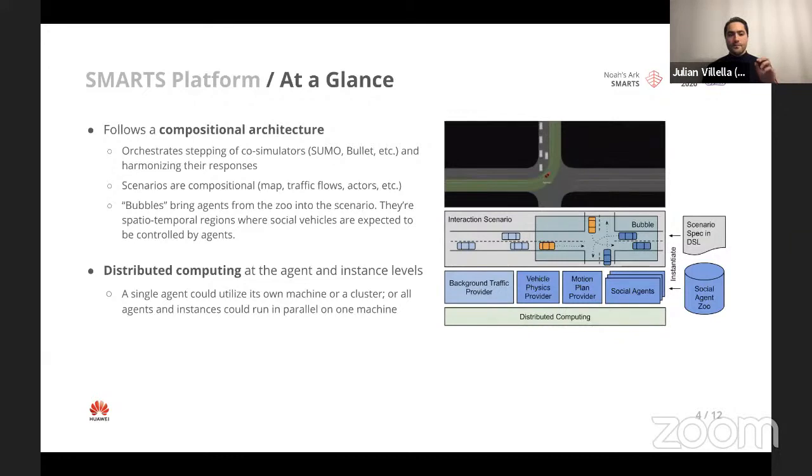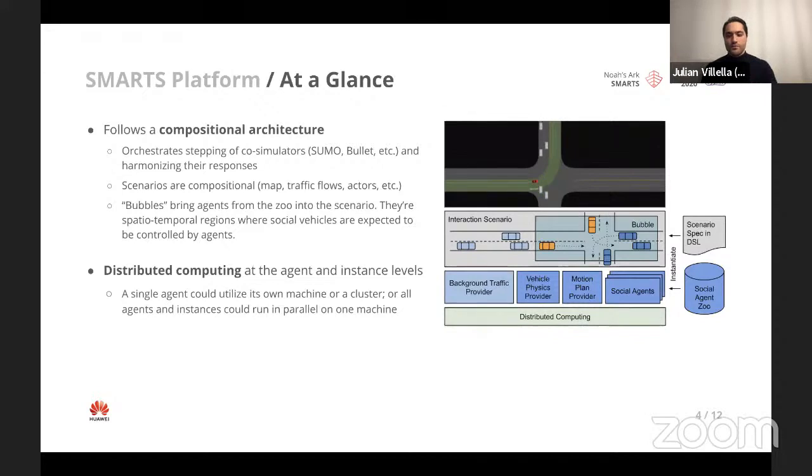And finally, bubbles is a concept we're putting forth on how to bring agents into the interaction scenario. Bubbles are spatio-temporal regions where the social vehicles are expected to be controlled by an agent. We'll talk more about that shortly and how that helps with the distributed scaling up problem of autonomous driving.